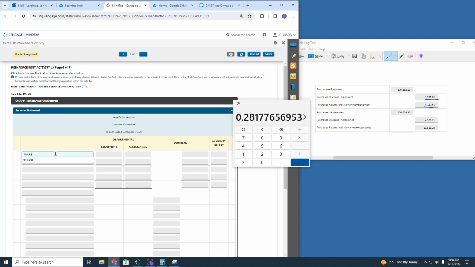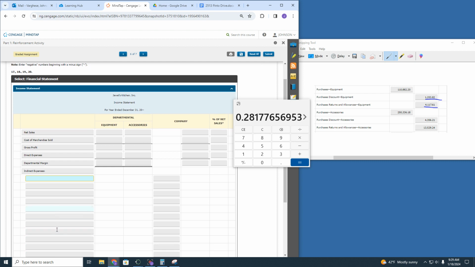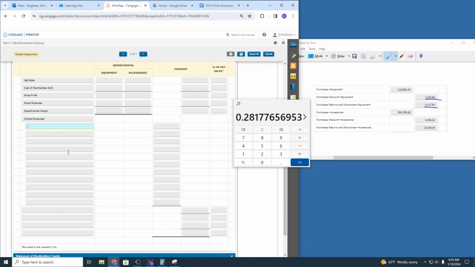So we'll start out with net sales here, and we'll have cost of merchandise sold, and then we'll have our gross profit, our direct expenses that were directly attributed to these two departments, and then we'll list out our departmental margin. So all this stuff up top can come from what we just prepared on page 5, and then we'll list out our indirect expenses. This indirect expenses is going to capture everything else that we couldn't directly attribute to one of the two departments, and then we'll have our total indirect expenses.